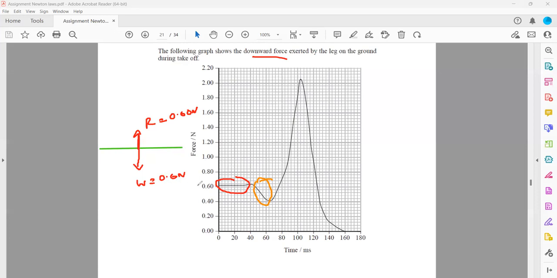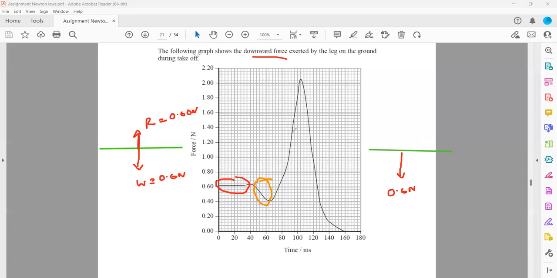The weight is already 0.6 Newton, or 0.61 Newton, you can also say. But now there is more downward force; 0.6 Newton is already there, which is the weight of the bird. Now, as a result, what happened?